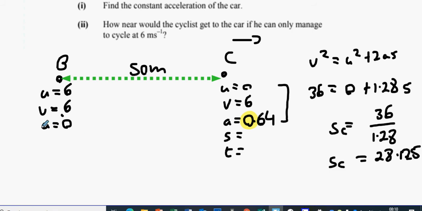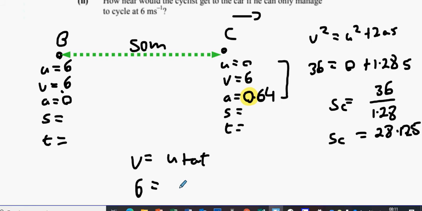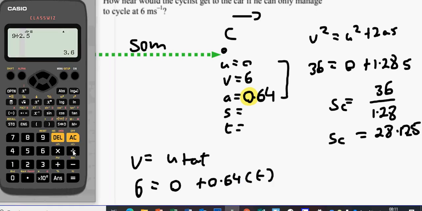Turns out I'm going to need the t value anyway, haven't I? Remember I was talking about v equals u plus at earlier? I'm going to need that t value anyway, so it wasn't really the shortcut I was hoping for. So I'm going to do v equals u plus at: 6 equals 0 plus 0.64 times t. I'm going to divide 6 by 0.64. 9.375 is the time.